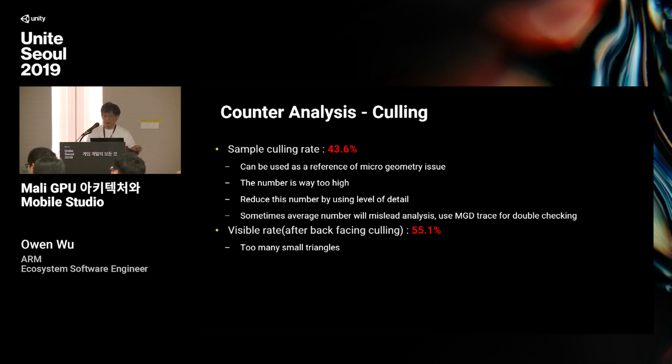Rendering a primitive which covers less than 10 pixels is really bad for performance, so keep the triangles big enough. The total visible rate after fast culling is about 55% for this scene, and that means almost half of the primitives sent to the GPU are invisible. So it's kind of a waste of bandwidth. In this case, there are too many small triangles.